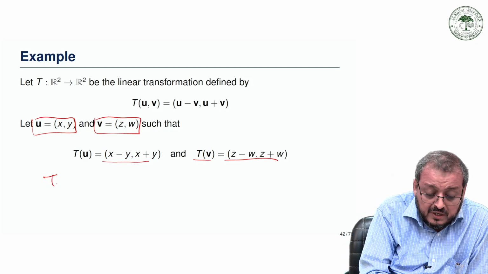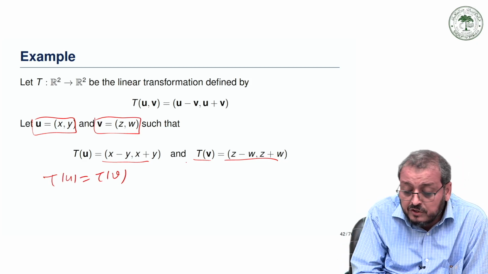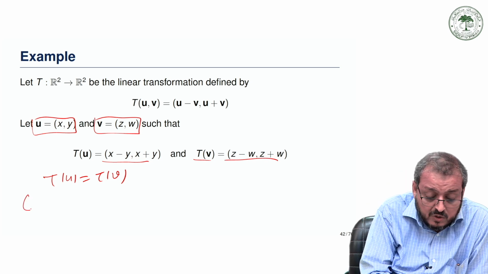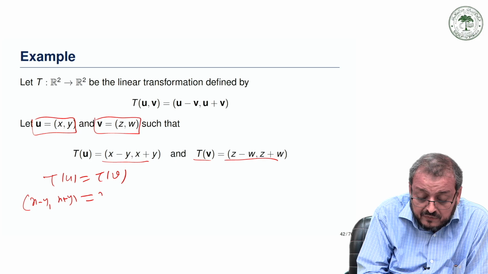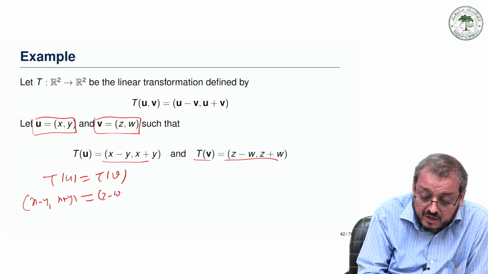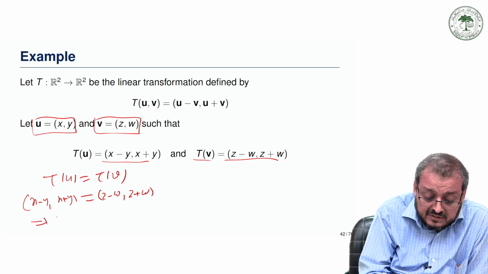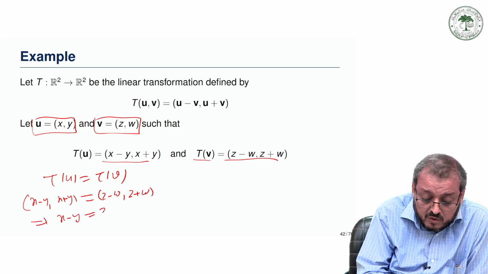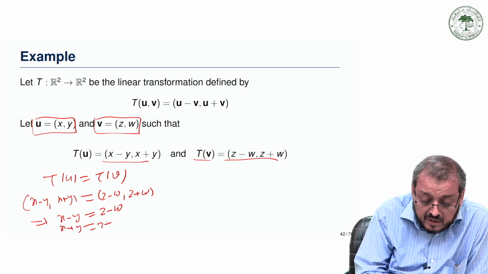Suppose we assume that T(u) is equal to T(v). Then (x - y, x + y) is the same as (z - w, z + w). This implies that x - y is equal to z - w, and x + y is the same as z + w.